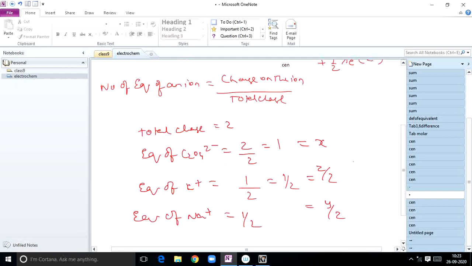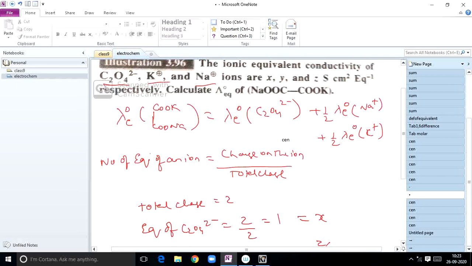So substitute in this formula. Directly I did. How you got this formula means, here X plus Y by 2 plus Z by 2. That is the answer. X plus Y by 2 plus Z by 2 is the answer. Same model you can do.